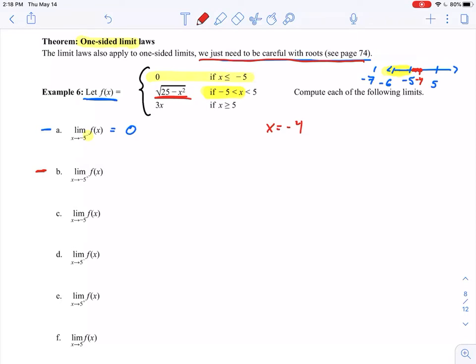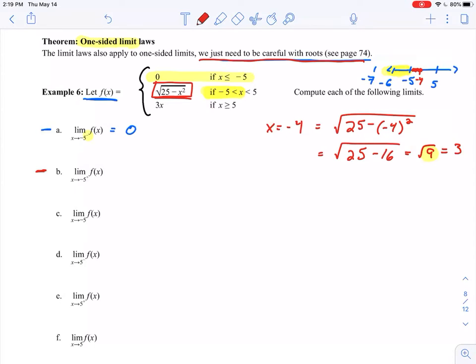I'm going to plug it into this part of my piecewise defined function to verify that I do in fact have a square root of a positive number, that I'm dealing with real numbers, because otherwise the function won't exist over there and the limit will not exist. So that's radical 25 minus (-4) squared, which is radical 25 minus 16, which is radical 9, which gives me 3. This is just to make sure that the number inside the square root is not negative. In this case we had a positive 9, so we're all good. There's nothing we need to worry about.